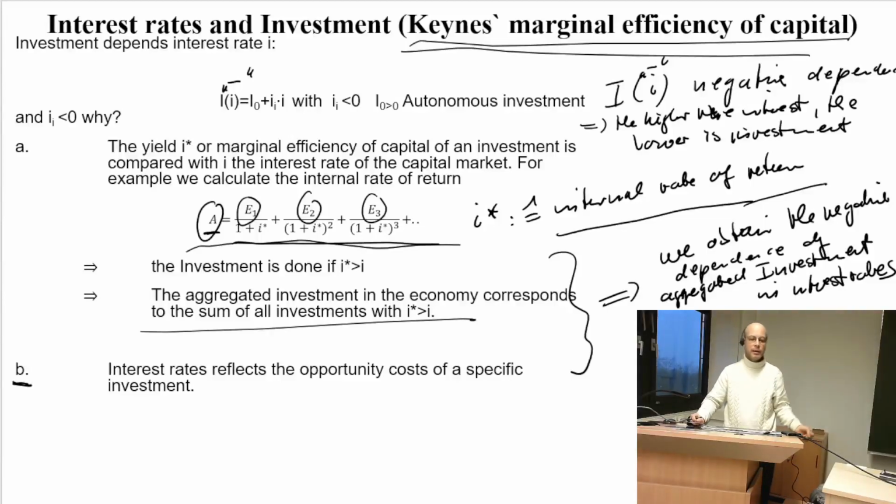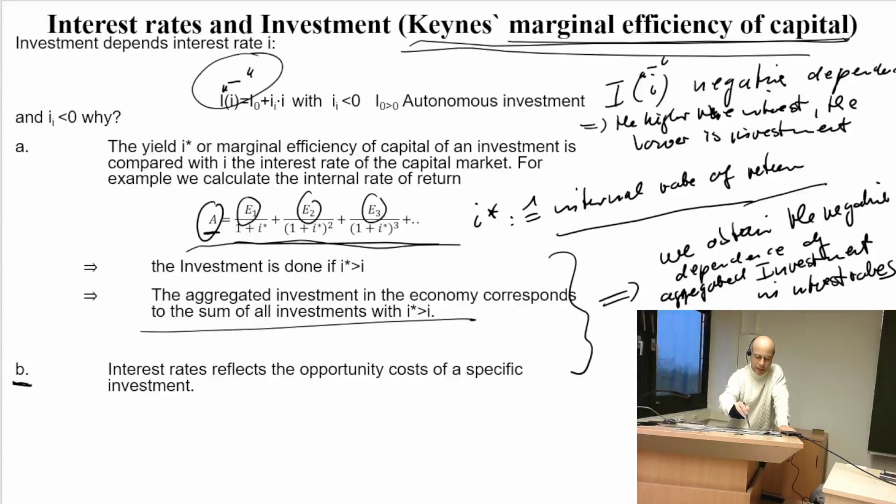And we will then invest in all projects where the expected yield will be higher than the interest rate at the capital market. And so to speak, we will invest in fewer investment projects if the market interest rate rises. And therefore, from this argument of marginal efficiency of capital, we obtain the negative dependence of investment on interest rates.